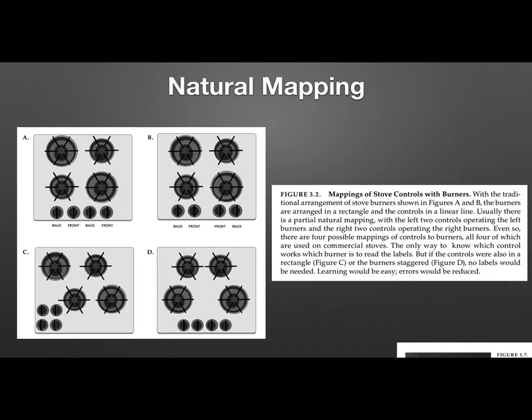Okay, let's talk a little bit about natural mappings. The example that's kind of the giant one is a stove. Everybody's seen a stove to cook on. In a lot of cases, there are 4 cooking surfaces that get hot when you turn them on.